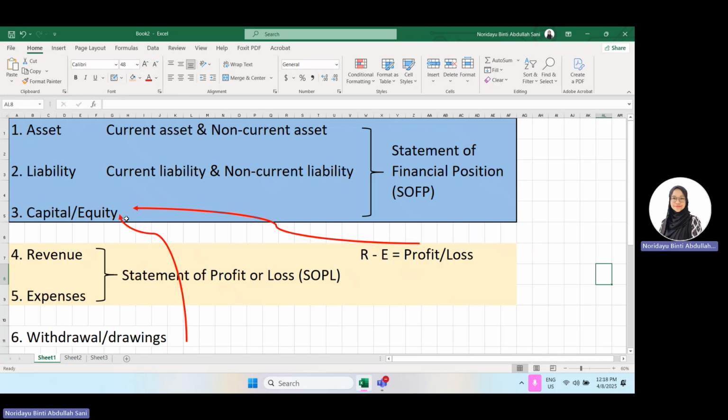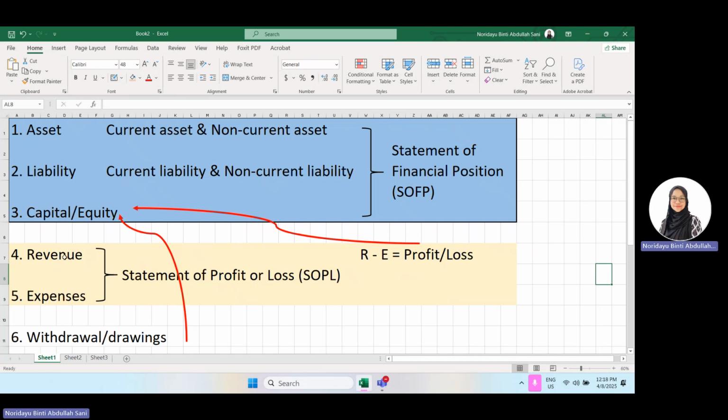Okay, so that's the first thing to explain about the double entry of revenue and expense. To compute this profit or loss, we compare these two accounts, the revenue and expenses. If I have more revenue, I'm going to have more profit, more capital.